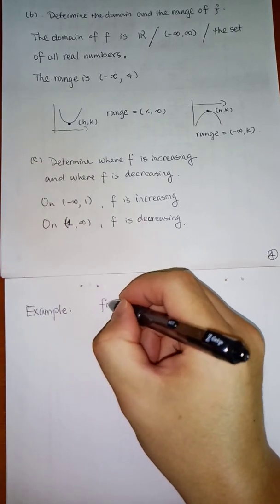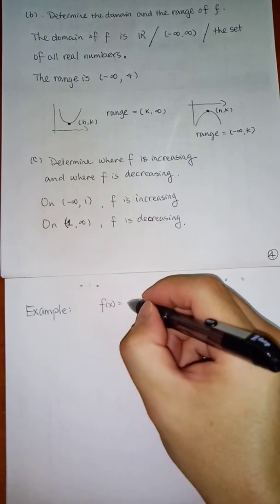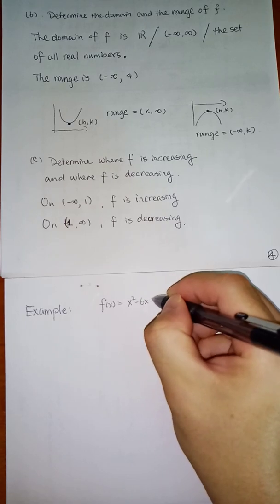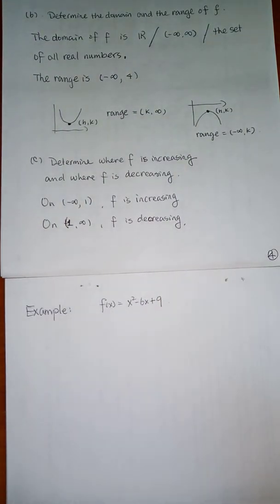So we have f(x) = x squared minus 6x plus 9.